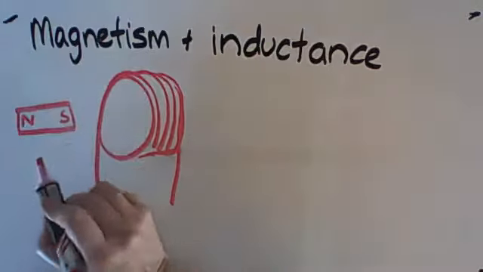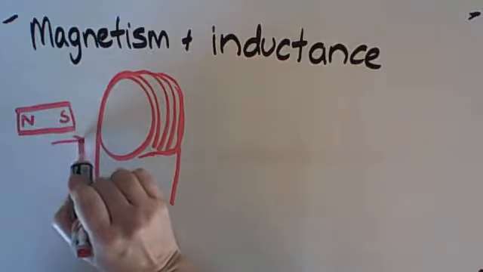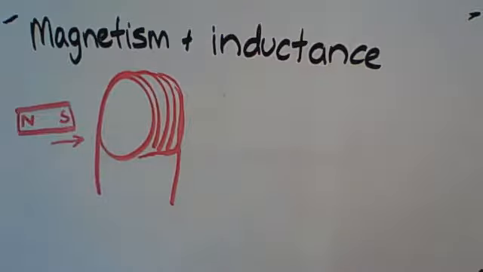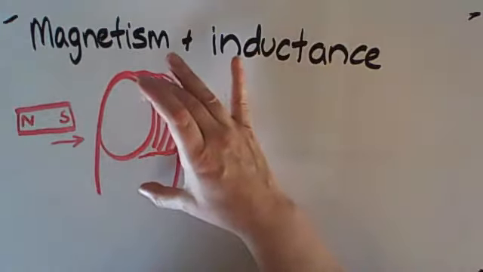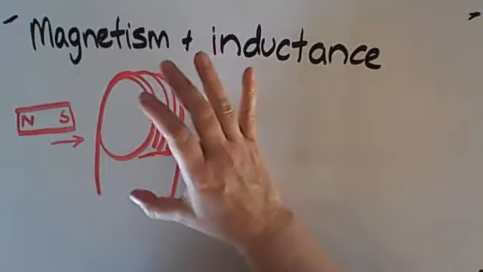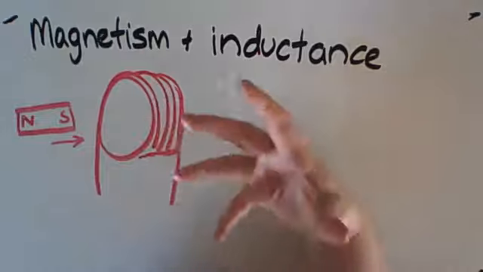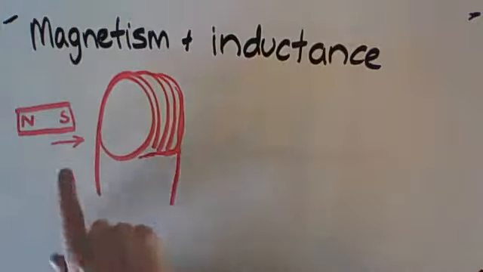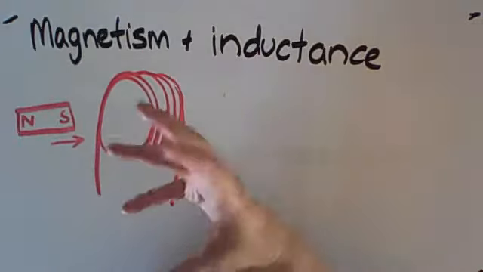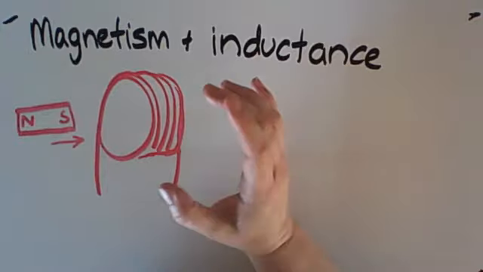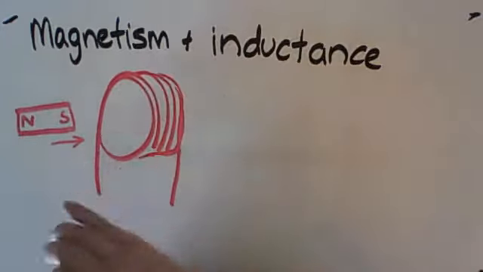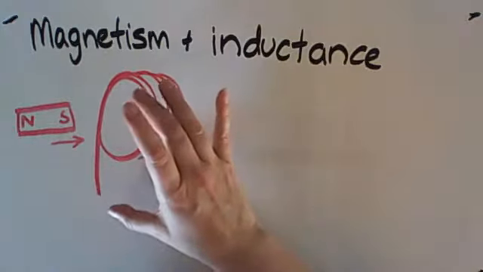If we take a magnet and move it towards the coil, what's happening is that because the magnetic field is interacting with the wire, and we know that when charges start moving, that's when you get a magnetic field as well. What you end up with is the coil doesn't like, which is an anthropomorphic thing to say, but we'll roll with it, the coil doesn't like the magnetic field being changed inside it.